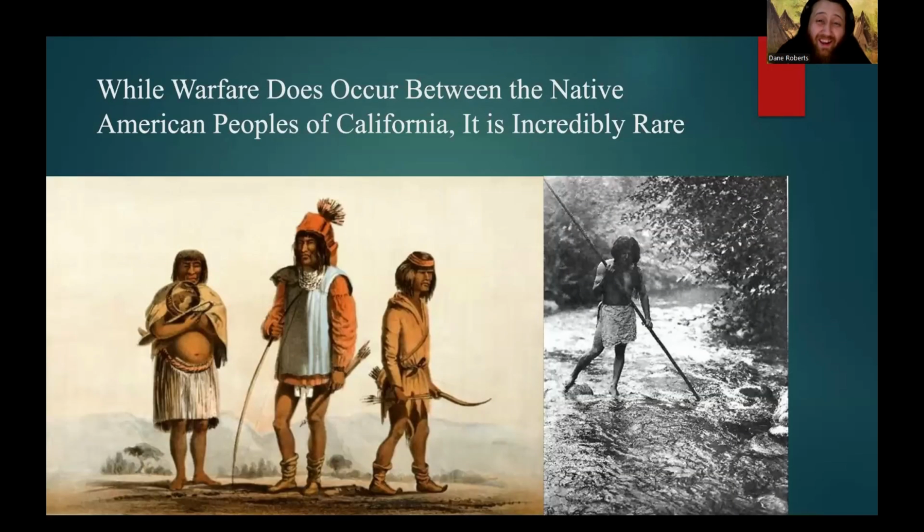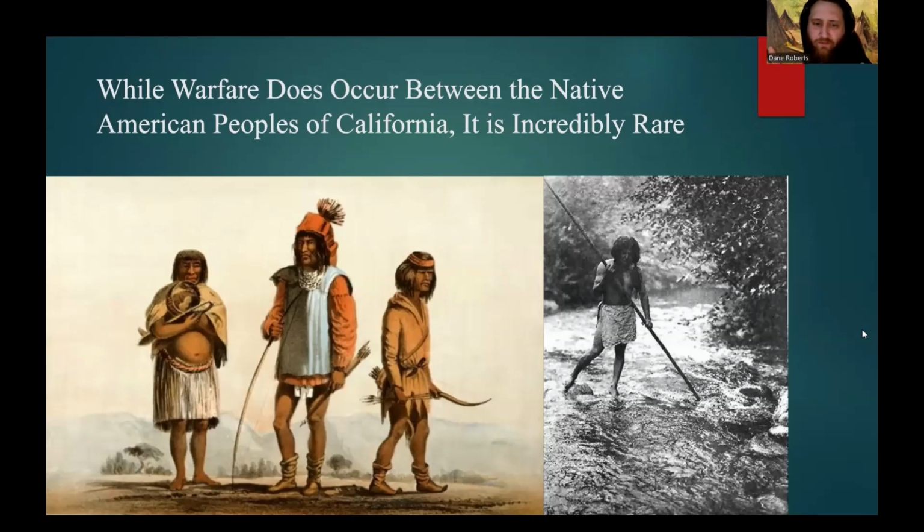Another important thing to mention is that while warfare did occur between the Native American peoples of California, archaeological evidence as well as textual evidence from the earliest encounters between Europeans and the Native American peoples of California suggests that warfare was incredibly rare.